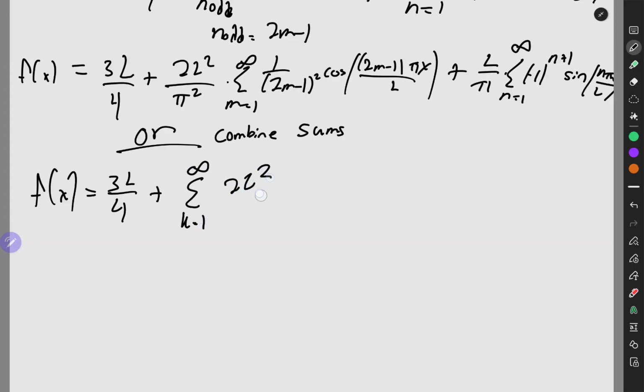This would be 2L squared over pi squared times 2m minus 1 squared times cosine. Yeah, hold on. This is going to have to be moved.